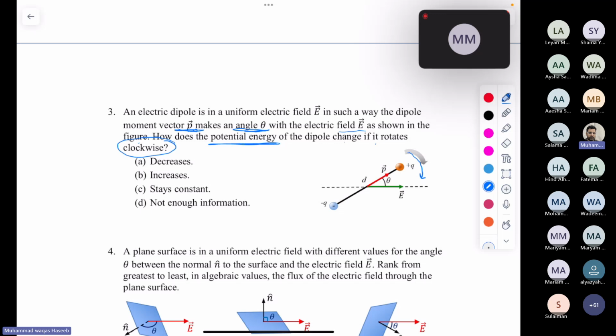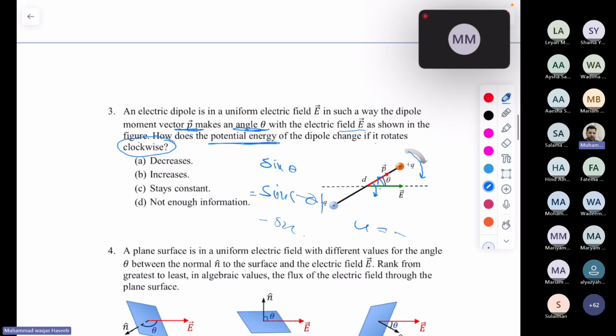If the dipole rotates anti-clockwise, the angle is positive, and if the dipole is in this direction, the angle is negative. Because the expression contains sine of theta, sine of negative theta will give you minus. So in that case, the energy will decrease.